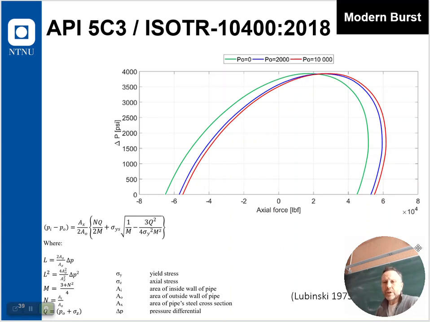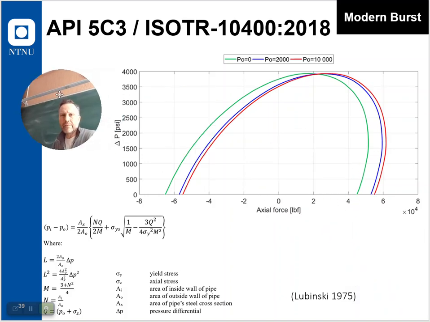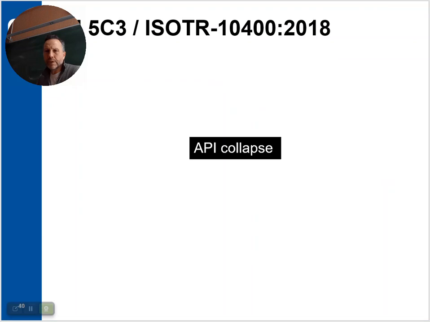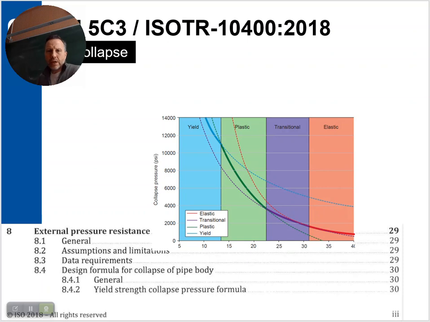It's the Lubinsky from 1975, actually, where you put the Lamé and the von Mises together. You end up with these curves and a movable ellipse.